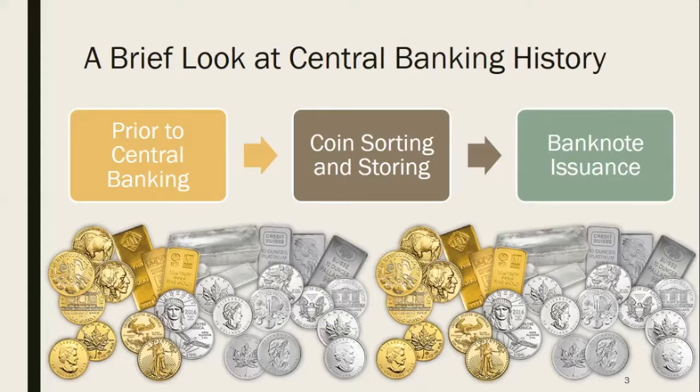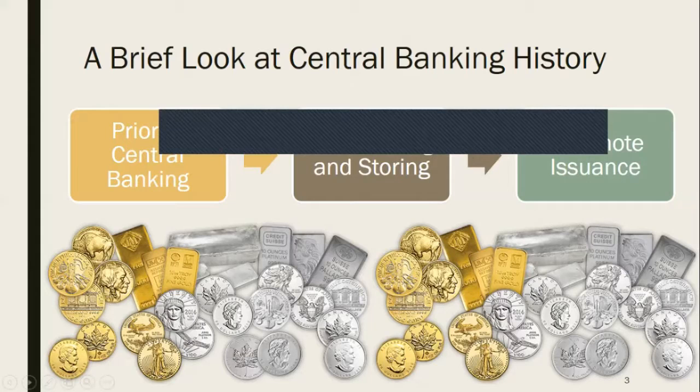So the primary task of this Bank of Amsterdam was to sort and store coin. So from the precious metal, using the precious metal, we switched to usage of coins. From the coins, it started to coin sorting and storing, right?